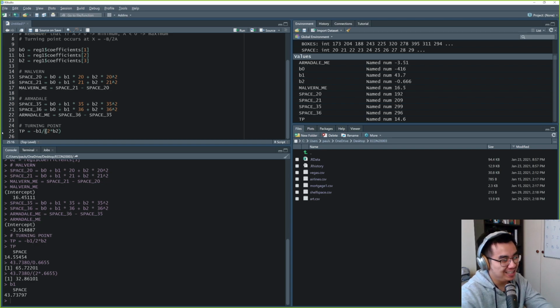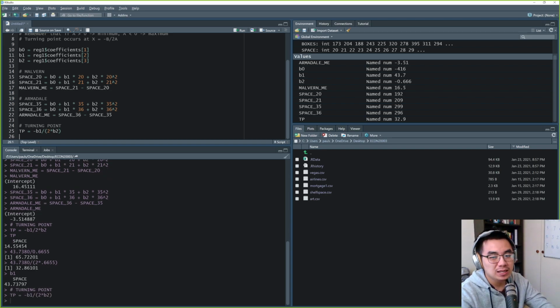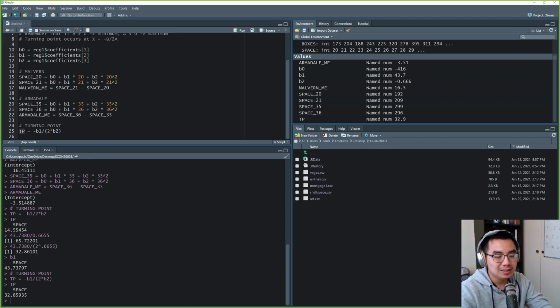That's what I did. Brackets, exactly. 32.86. There you go. So you can see here that the turning point occurs at about 33. That explains why Malvern, which is below the turning point at 20, has a positive impact, but Armadale, which is above the turning point at 35, has a negative impact. So this is how you calculate it exactly.